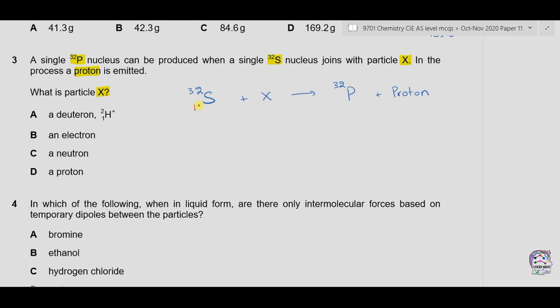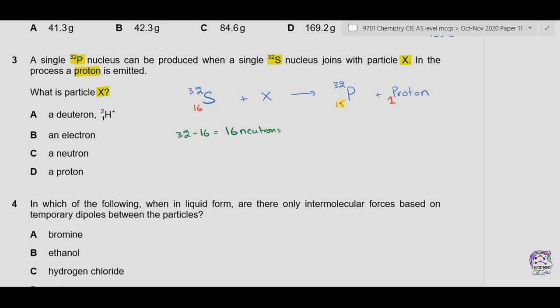The atomic number of sulfur is 16, for phosphorus it is 15, for a proton it is 1. So we can see that the number of protons are balanced on both sides of the equation. We have 16 protons on the reactant side and 16 protons on the product side. Let's find the number of neutrons. For sulfur, it will be 32 minus 16 equals 16 neutrons.